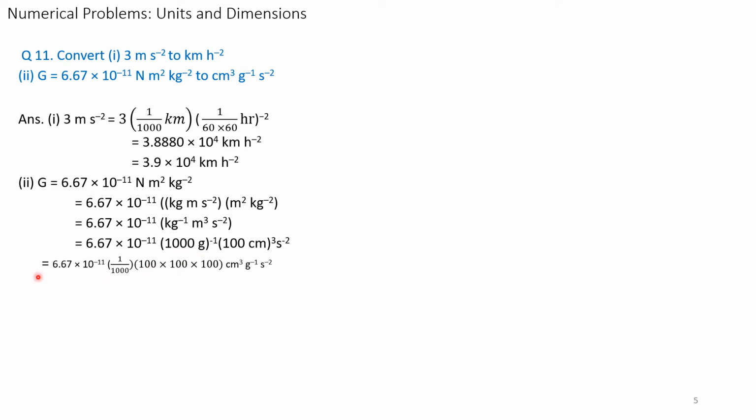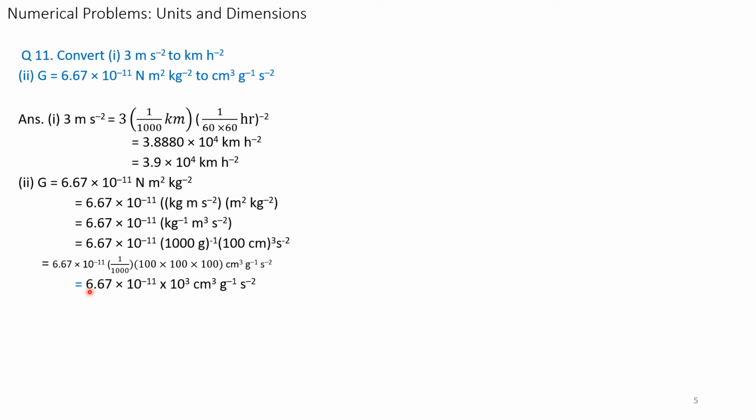So then the right hand side equals 6.67 into 10 to the power of minus 11 as it is. 1000 grams to the power of minus 1 becomes 1 over 1000, and centimeter cube is 100 into 100 into 100 centimeter cube per gram per second square.